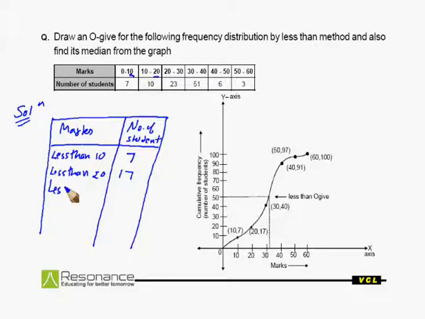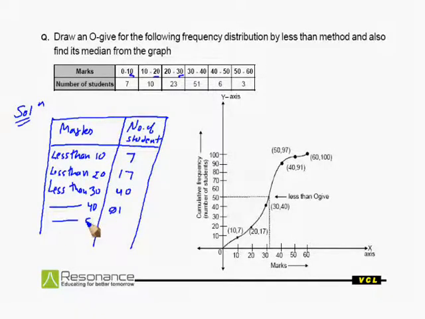Number of students whose marks are less than 30: we have to add these three class interval frequencies, that is 7 plus 10, 17, 17 plus 23, that is 40, and so on. Marks less than 40, we have frequency 91.